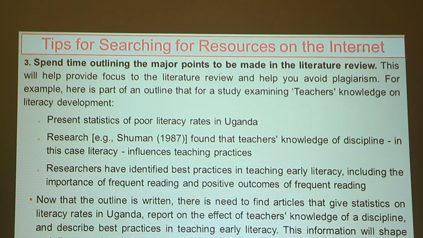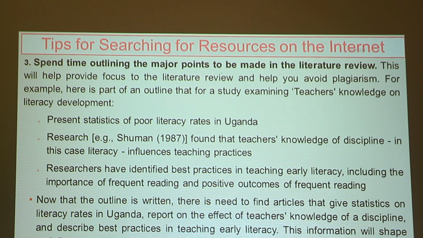For example, here is part of an outline for a study examining teachers' knowledge on literacy development. If you are investigating teachers' knowledge on literacy development, you ask yourself, under this topic, what am I supposed to look for? For example, here this person says we'll look at the statistics of poor literacy rates in Uganda. Are you getting it?